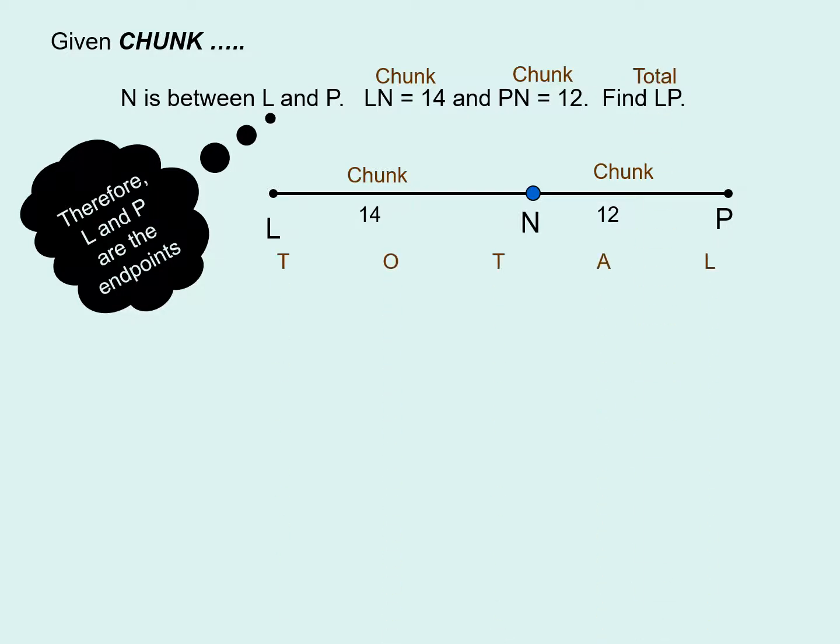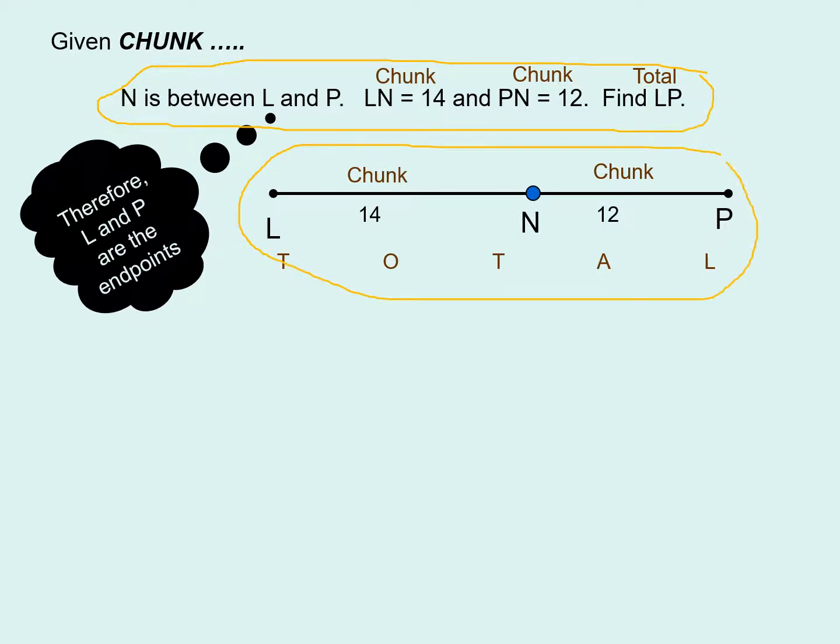It's asking you to find LP, which is the total. By the way, if on a worksheet you're only given this, 9 students out of 10 are going to try to do it without drawing this. Now obviously you don't have to label the chunks and the totals, but I highly suggest drawing out the picture, because almost no one can do it without drawing it.